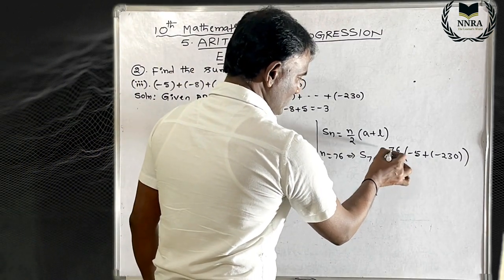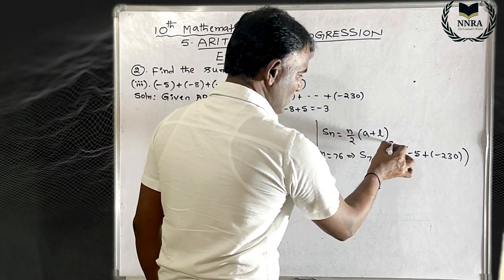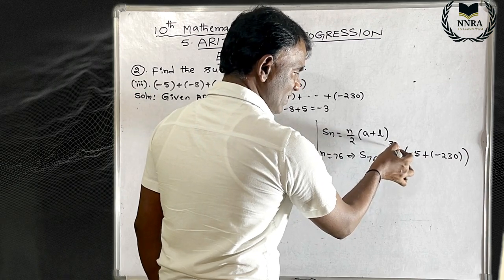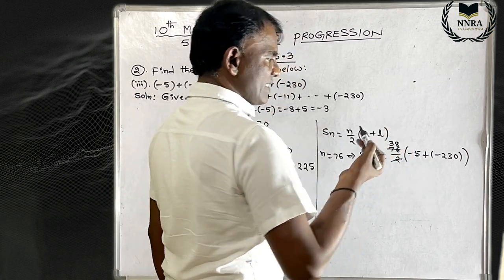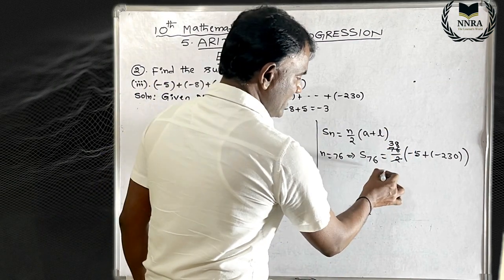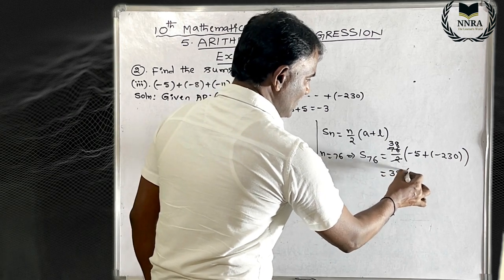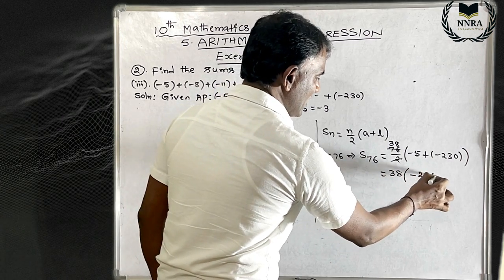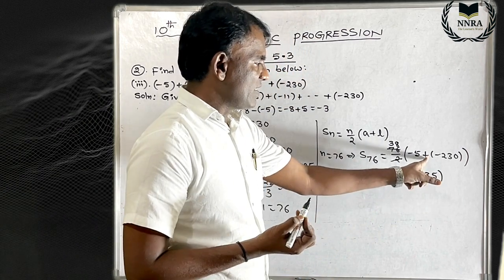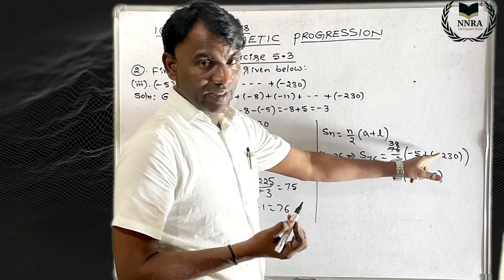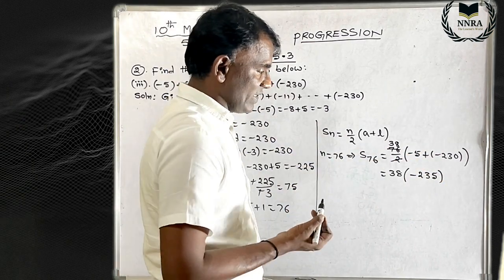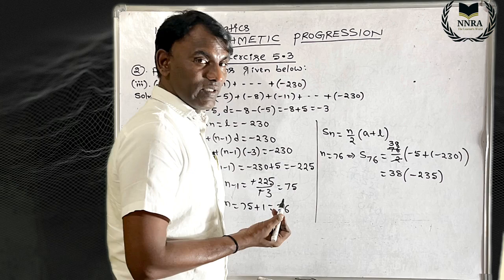And then how to write this? Here 2 1s are 2, 2 3s are 6, then 2 8s are 16. So it is 38 into minus 235. Why? Because plus into minus gives minus. So minus 230 minus 5 is minus 235. Now we have to multiply both the values.